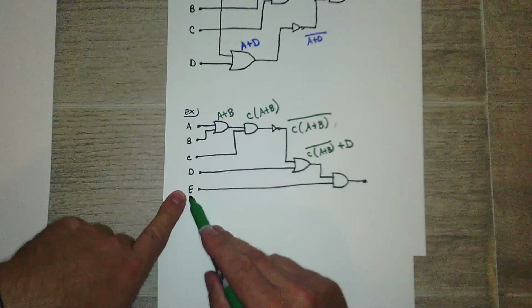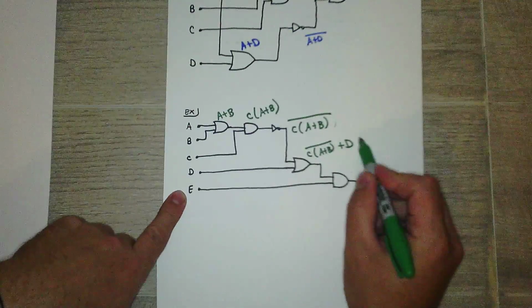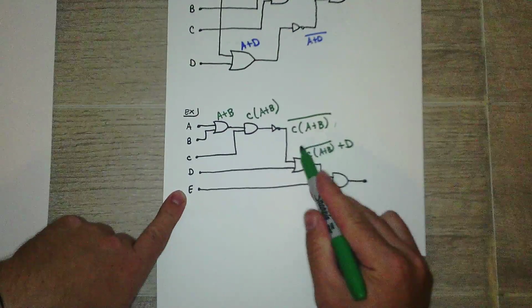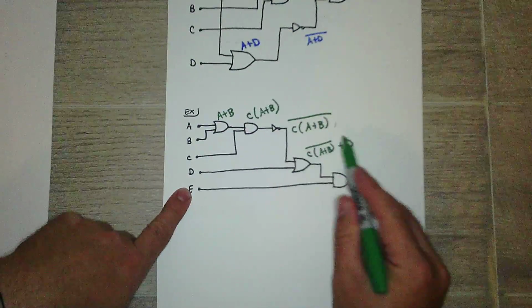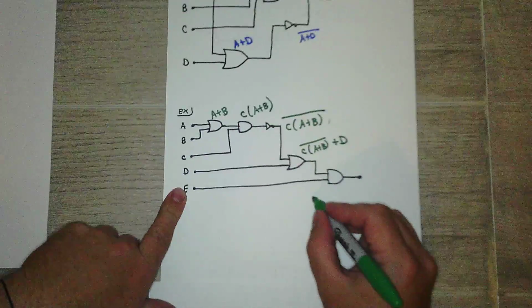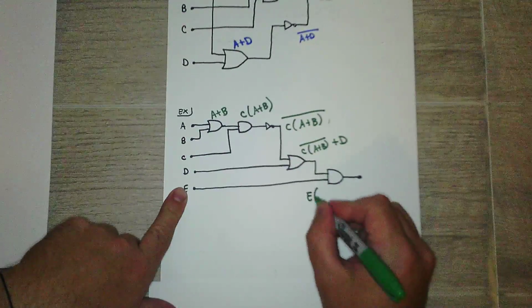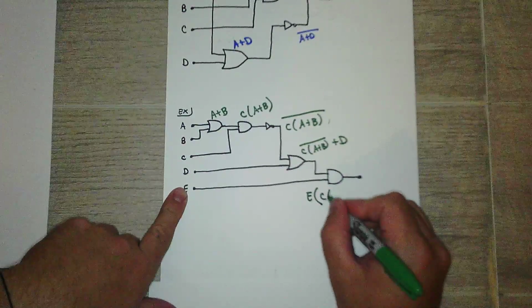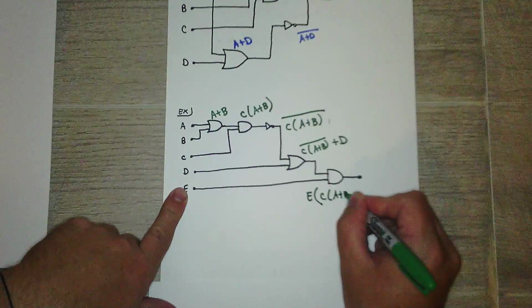Now we're going to do the same thing here. It's E and then this whole thing in parentheses. So it's going to be E and this whole thing. So it looks like this. E and whatever that input is.